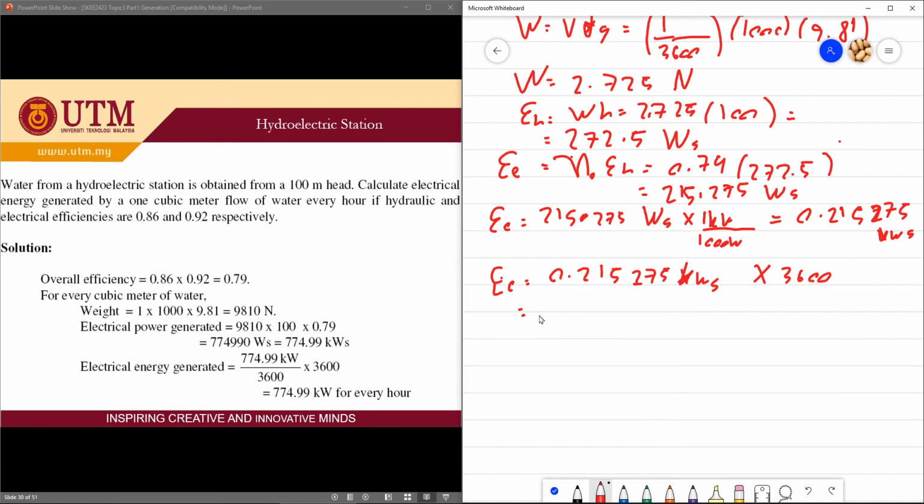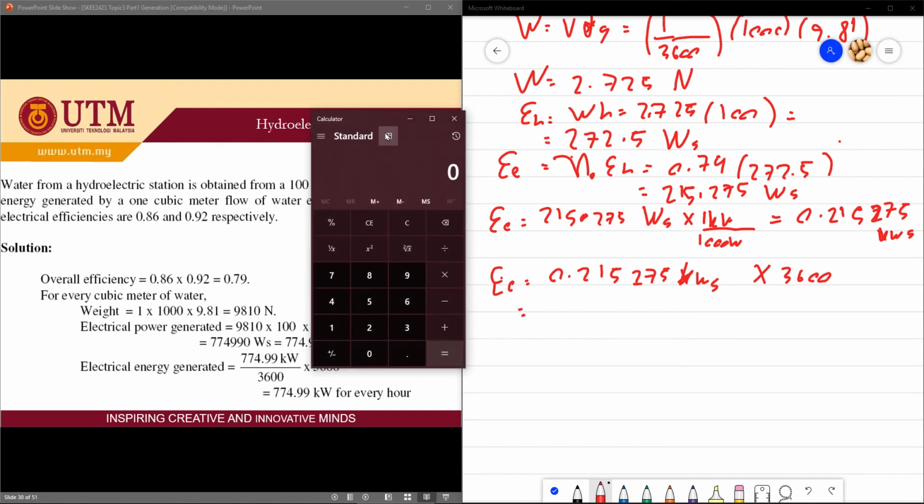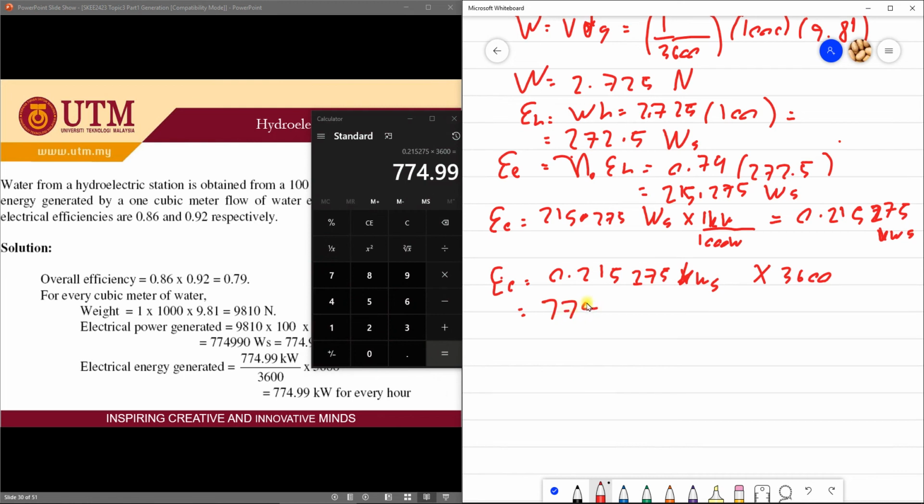So basically 0.215275 multiplied by 3600, you get 774.99 kilowatt second or kilowatt hour, because you use it in 1 hour. So be careful with this.